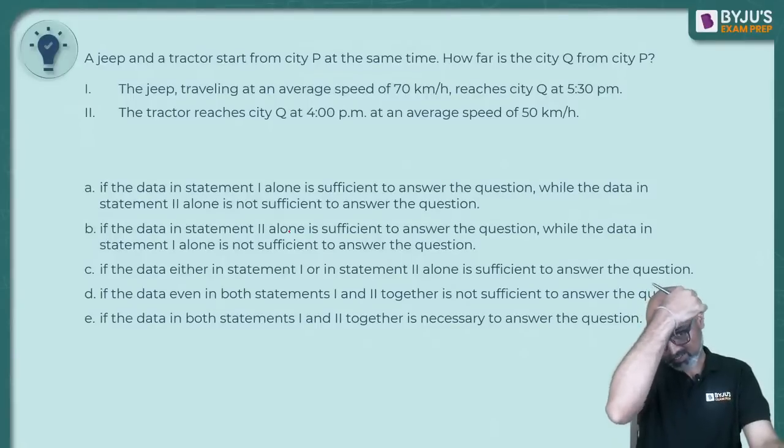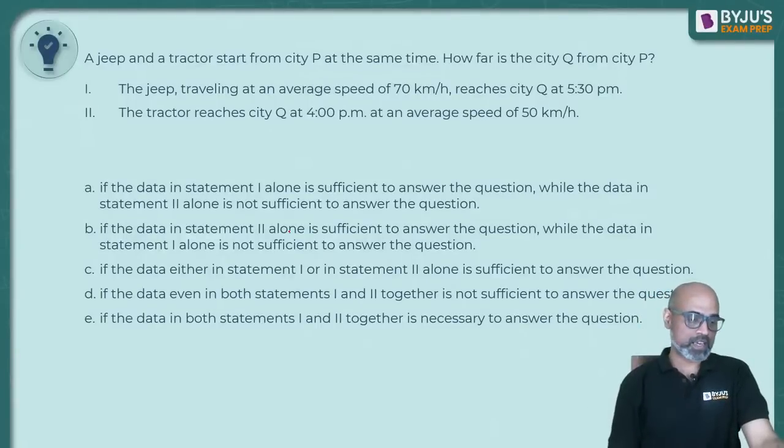So TSD. A C E alpha echo Charlie delta. So the answer is it's going to be echo. ठीक है.